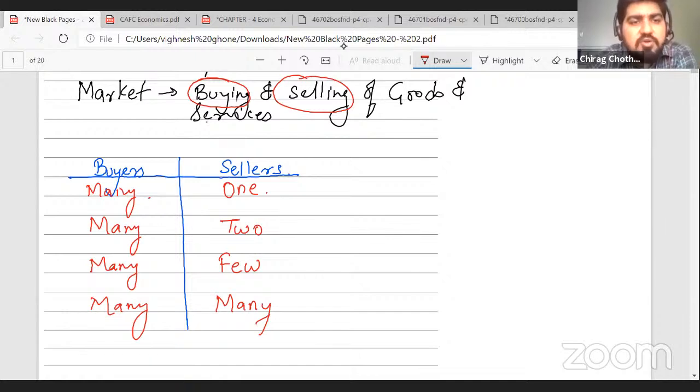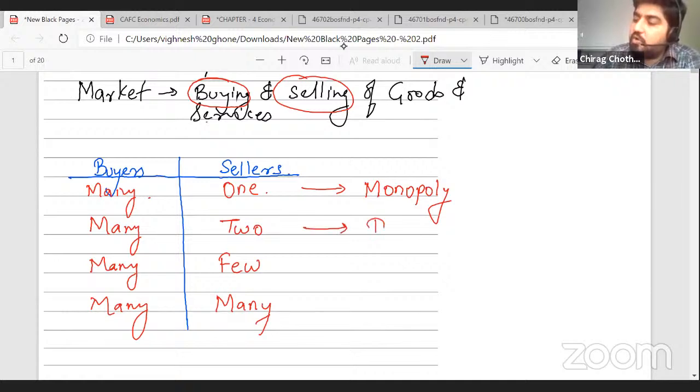So if we are talking about a market where there is only one seller but many buyers, it will be called as monopoly. What is the name? Monopoly. Monopoly is also called as market power. Please remember that. So when there is only one seller but many buyers in a market, it is called as monopoly market.